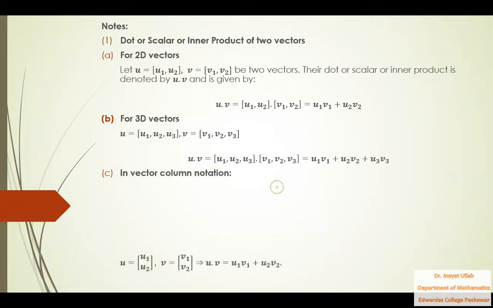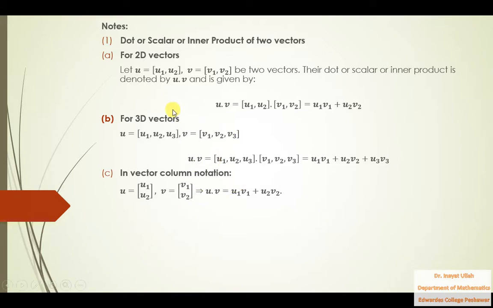If you write a vector in column notation, we have studied that we can write a vector in row form. Also this vector can be written in column form, and you can write this vector in ij notation, u1 into i plus u2 into j, and so on. So if the vector given to you is in column notation, don't be confused about this notation.